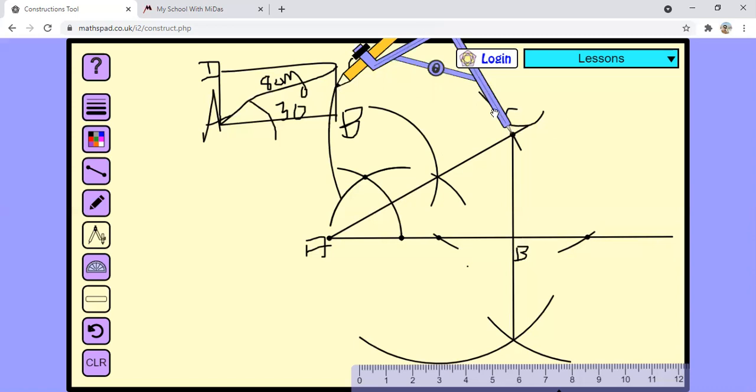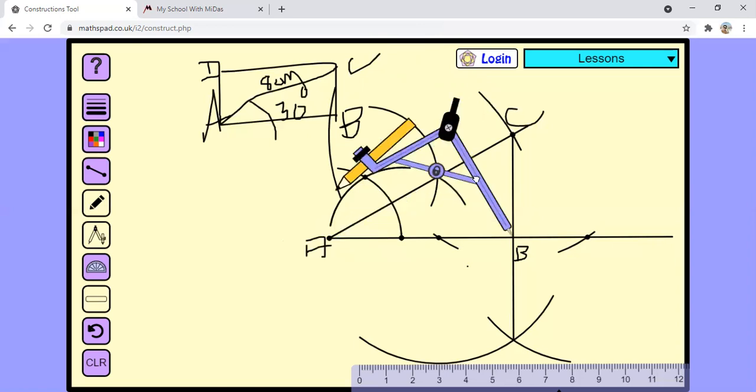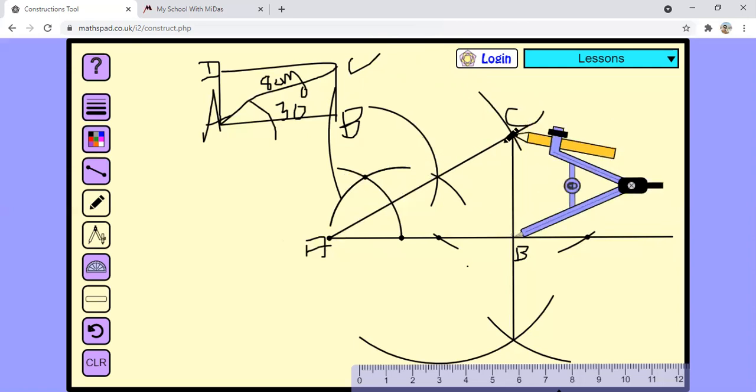Now we know that opposite sides of the rectangle are equal, so BC and AD will be equal. That's why now measure the length of BC with the help of compass, okay. Measure this one. Like this, the length BC and this AD will be the same.